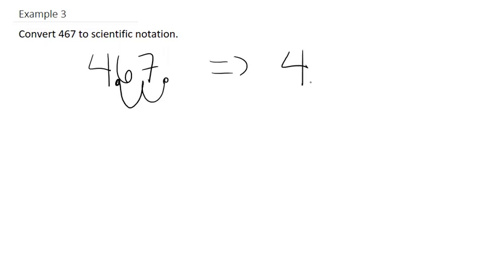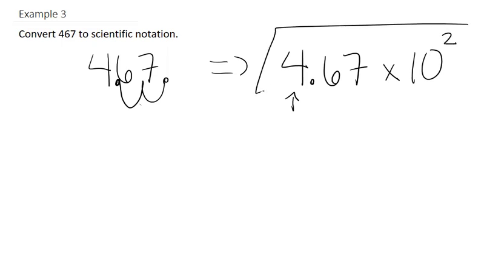So it's 4.67. So now we only have one number to the left of the decimal. Then we go times 10, and we notice we moved the decimal over 2, and we moved it to the left. So this makes our exponent positive 2. So this would be our final solution.